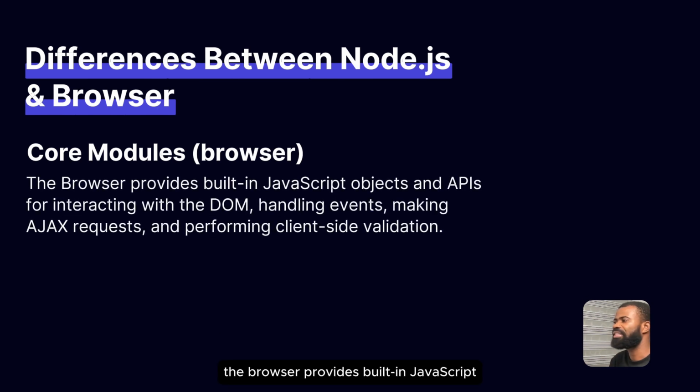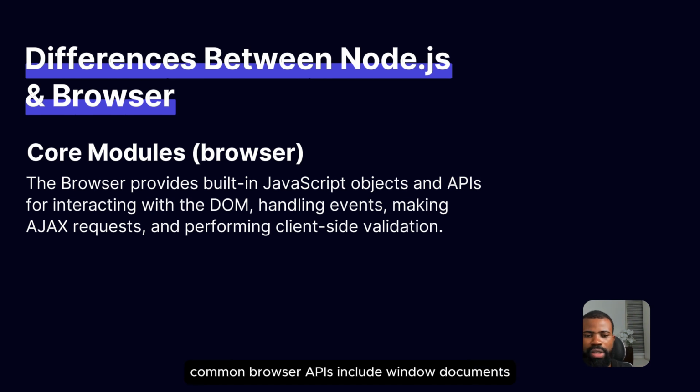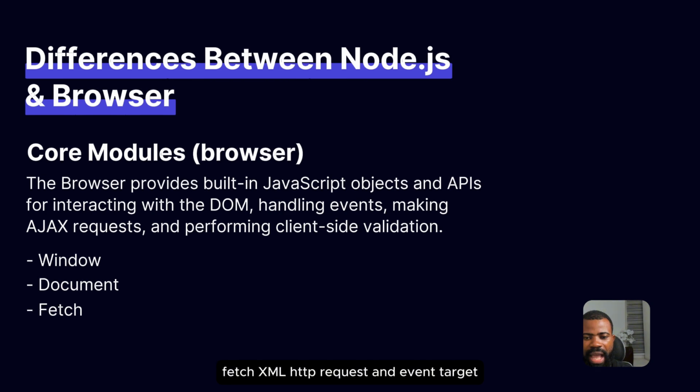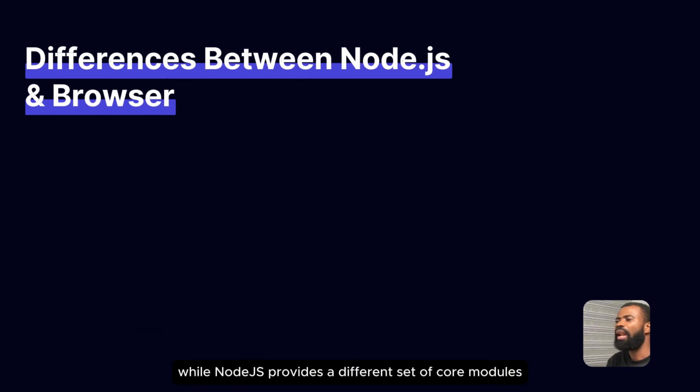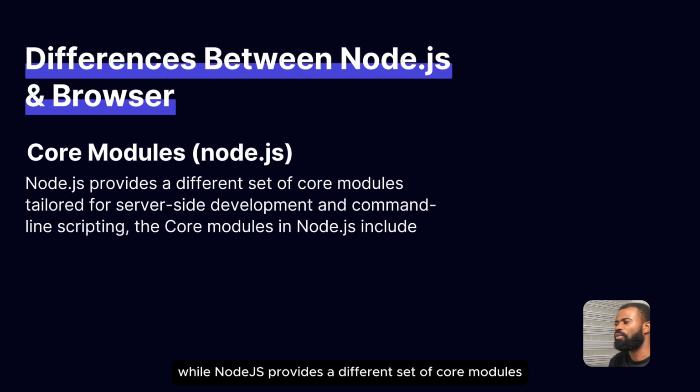The browser provides built-in JavaScript objects and APIs for interacting with the DOM, handling events, making AJAX requests, and performing client-side validations. Common browser APIs include window, document, fetch, XMLHttpRequest, and EventTarget. While Node.js provides a different set of core modules tailored for server-side development and command line scripting.